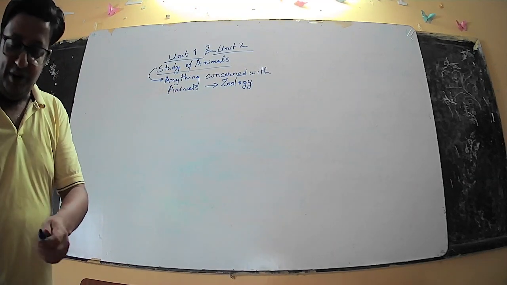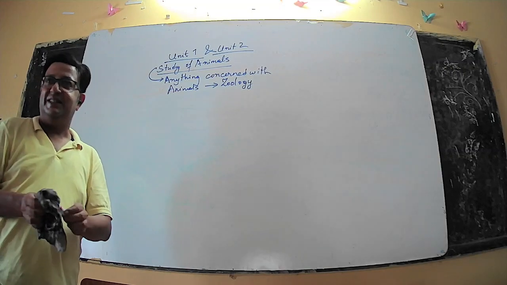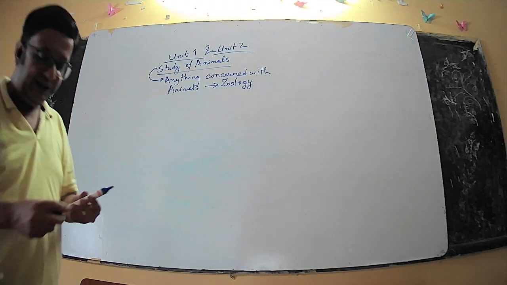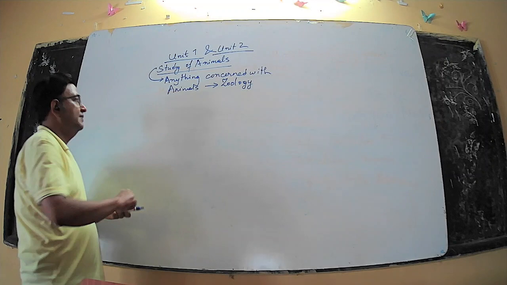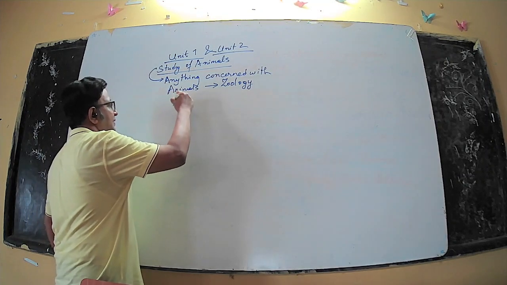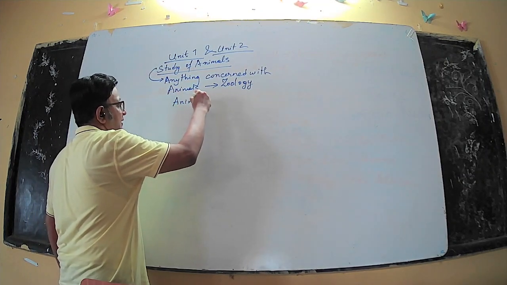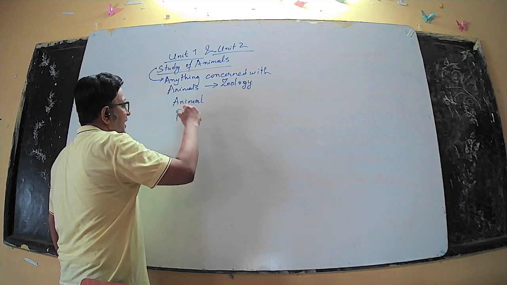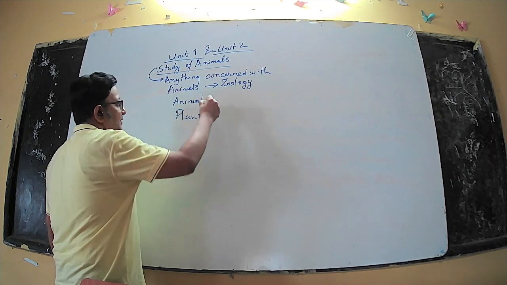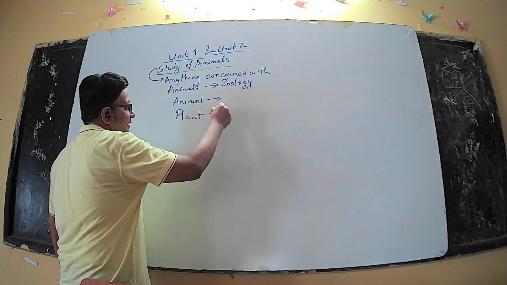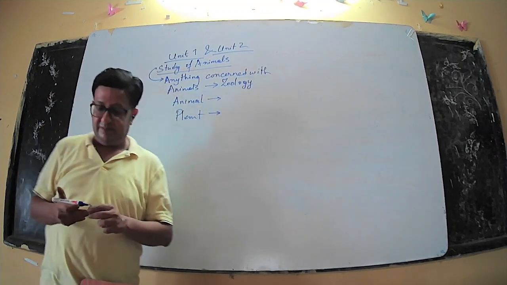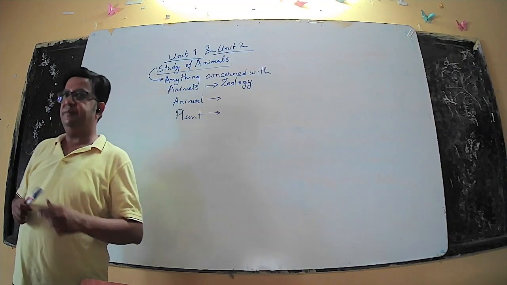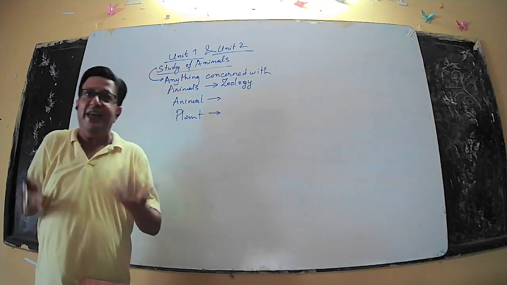So now what is an animal? Next question is, what is an animal? And what is a plant? What is the difference? Speak loudly.